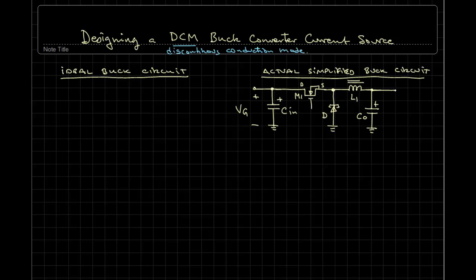Okay, and then we would have a load. Now the load could be a resistor, it could be a current source. I'll go ahead and draw it as a resistor for a moment.